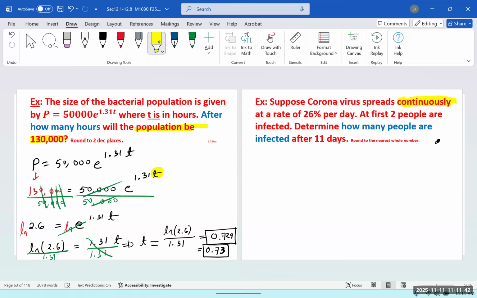When it started, first in New York, 2 people got infected, and then it was spreading at almost 26% per day. Can you guess how many people will be infected after 11 days?